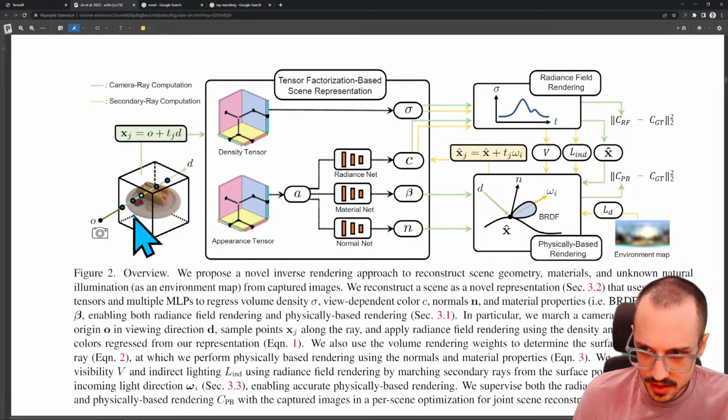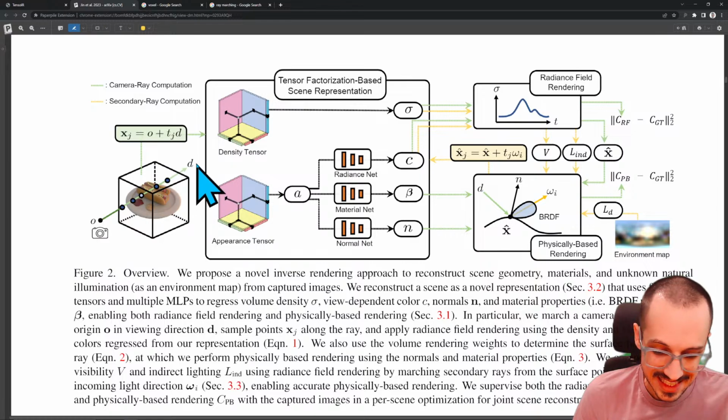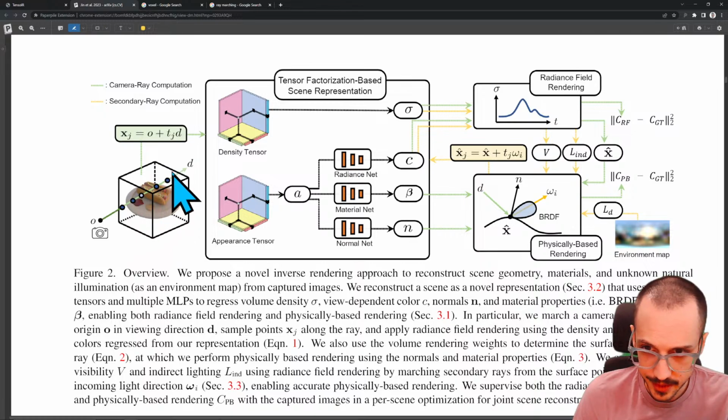Inside of it is a hot dog. We see a camera with a certain origin and a ray that is being projected through the voxel with a view direction D, right? Along each point in that ray, you're sampling from a multi-layer perceptron that represents that scene. That is your NeRF, right?